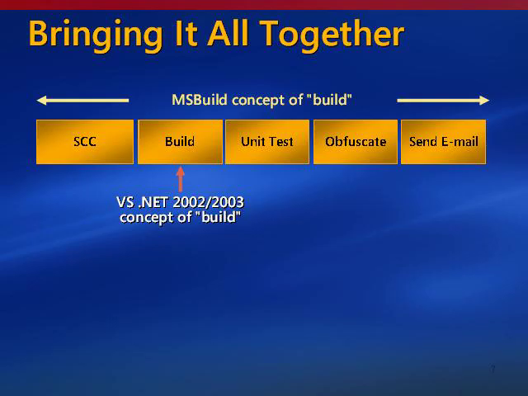Assuming the build was successful, I also want to incorporate into that build an actual obfuscation step in my final binaries. Now that I've defined this entire build process, I want to check that into my source code control provider and really seamlessly integrate that entire build process into my enterprise build lab. So how hard could that possibly be? Well, let's find out. Let's actually do it.